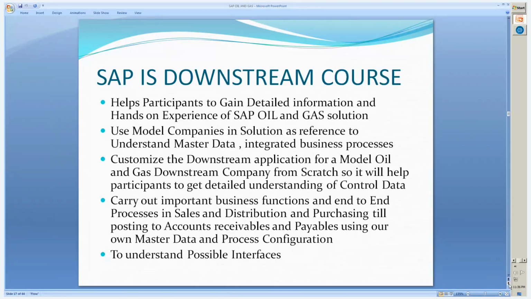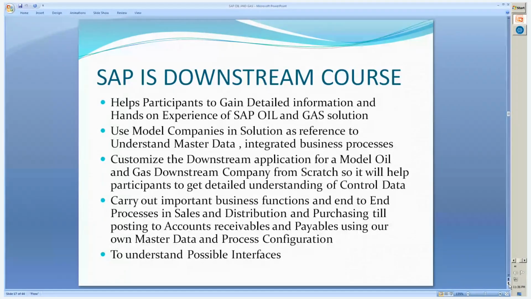Customize the downstream application for a model oil and gas company engaged in downstream operations, so that a consultant who is going to work later in the project will have the basic confidence in terms of understanding what the various control data to be established in the configuration are, and using that, how to test the end-to-end process.